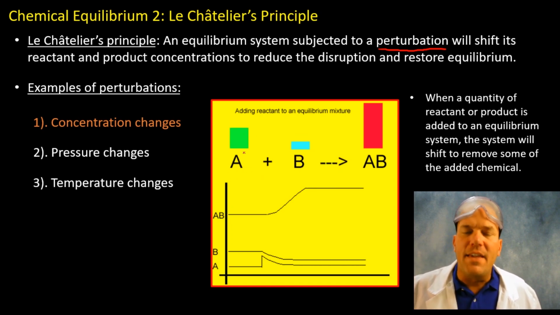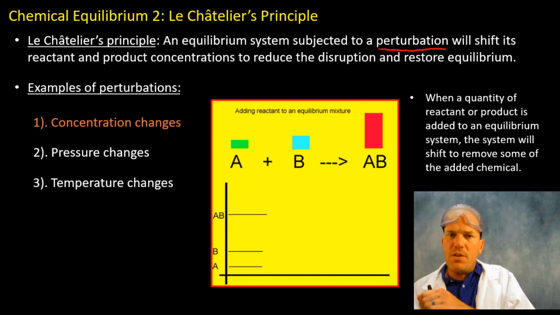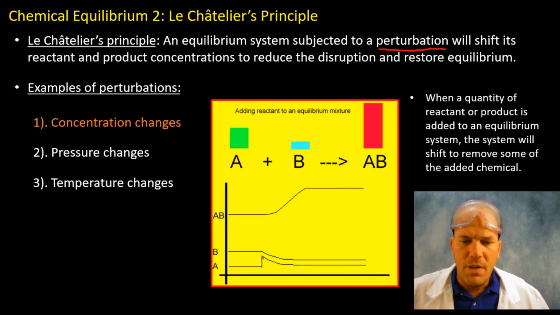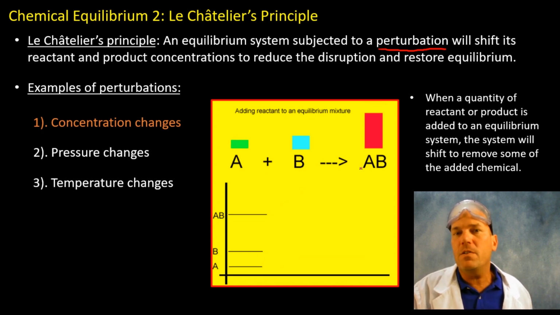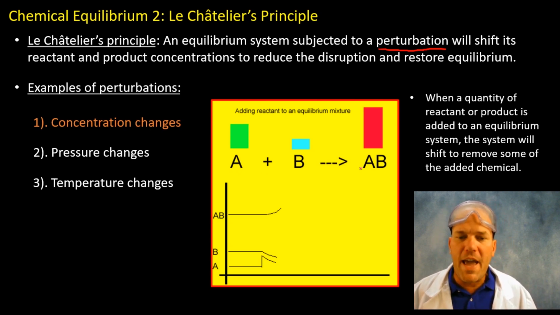When we add more of the reactant A, it's going to push to the right to restore dynamic equilibrium. Here is the influx of A, leading to an overall increase of AB as the system favors the products, as the system favors the forward reaction.